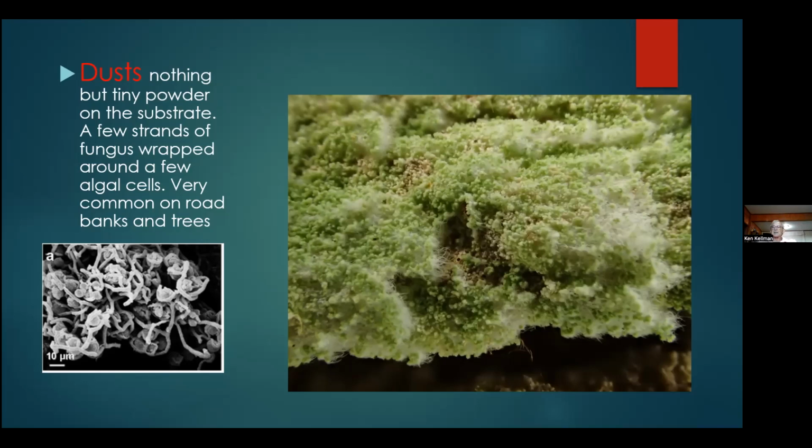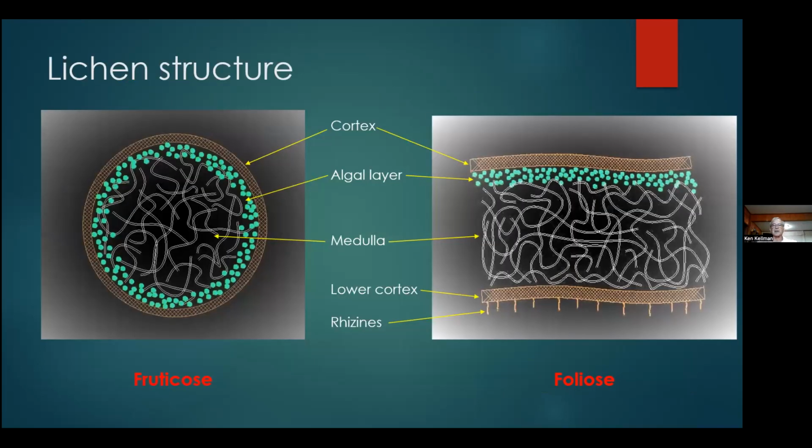So let's look at what happens if you cut one of these things in a section. Let's start with the foliose lichens on the bottom. Remember, there's an upper and lower surface that's somewhat differentiated. So they'll have an upper layer that's strictly fungal, and that is called the cortex. And directly below that is the algal layer.